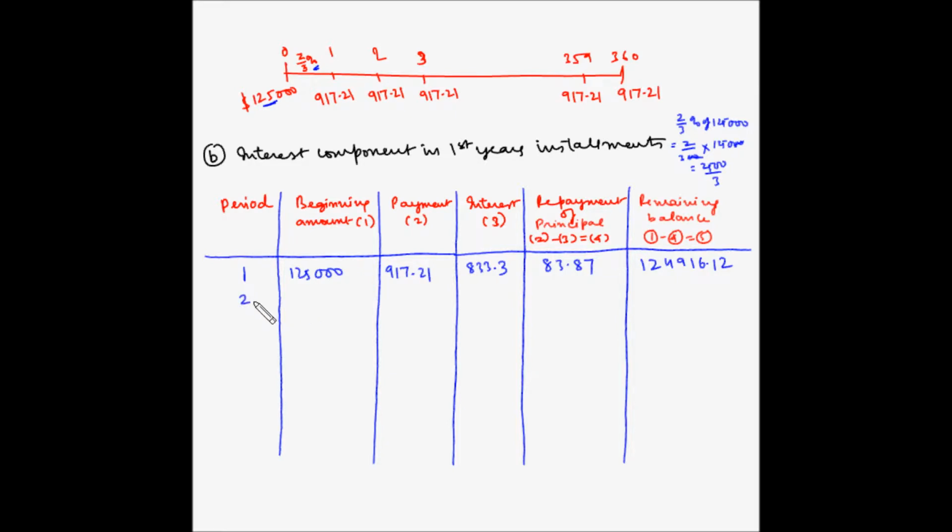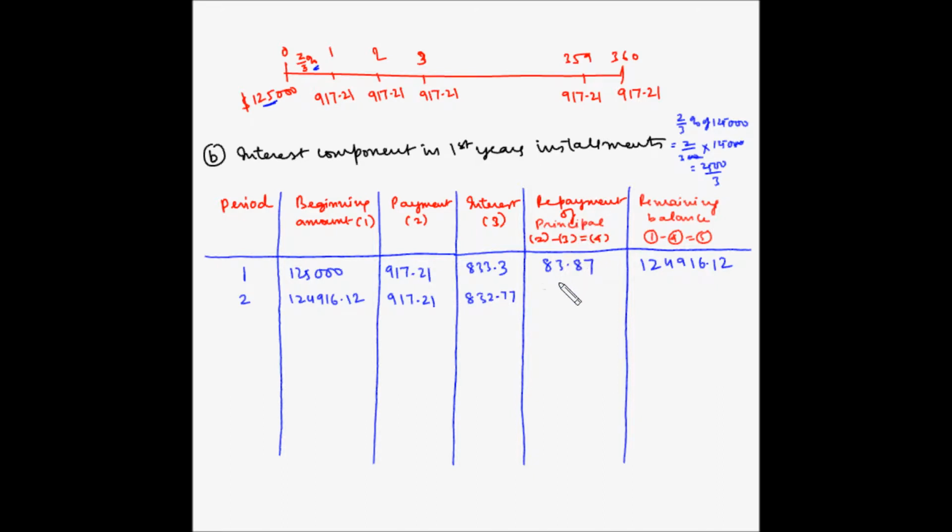Now let's take the second period. So now the second period will have beginning amount as the remaining balance at the end of the first period. So beginning amount becomes 124,916.12. The payment or the monthly installment is the same, 917.21. Now interest will be 2 by 3% of this amount here. So this comes out to be 832.77.